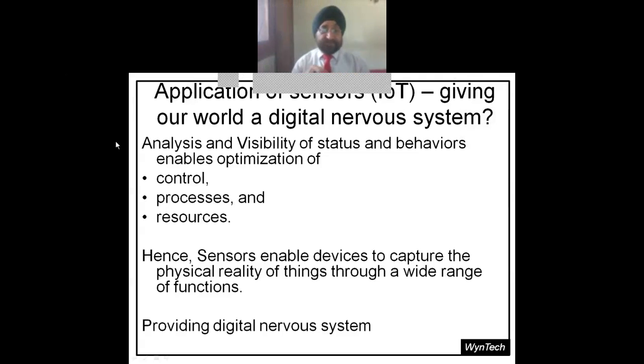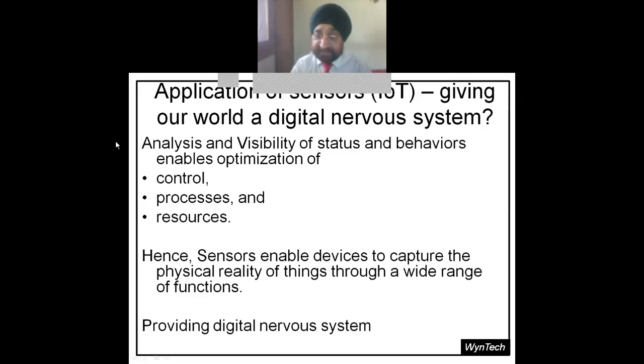So the analysis and visibility of status and behavior, like control, process, and resources. These are the three attributes of the nervous system, and hence the sensor-enabled device. So what is the use of IoT sensors?